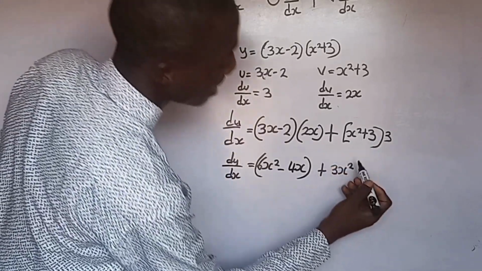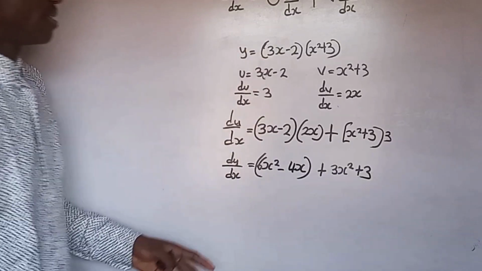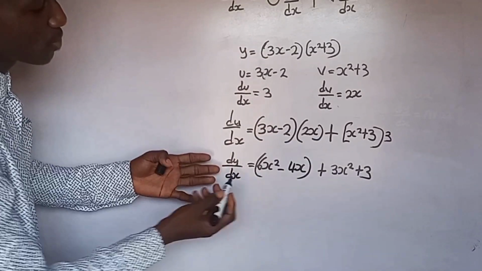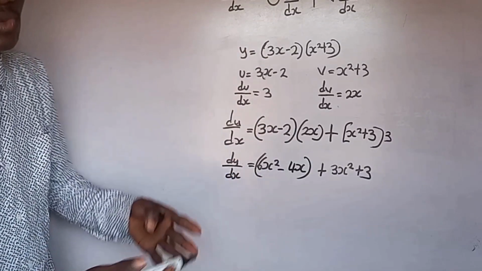3 multiplied by 3, that is plus 3. Now let us proceed to open the bracket, and if there is anything that we can collect like terms.